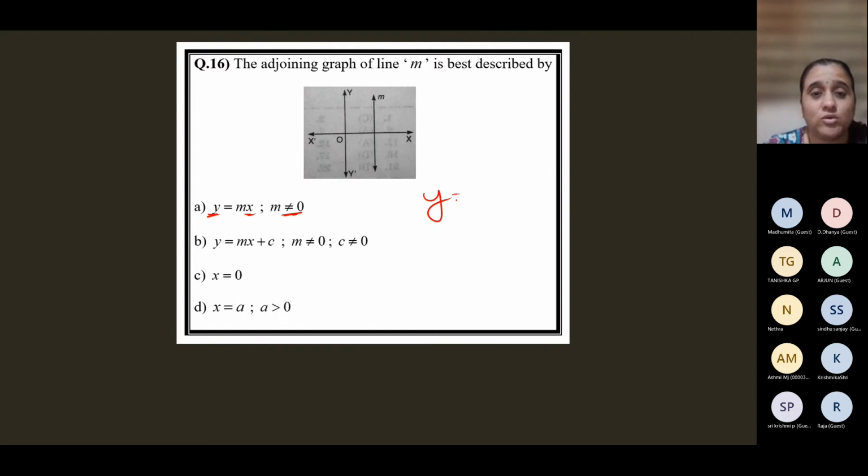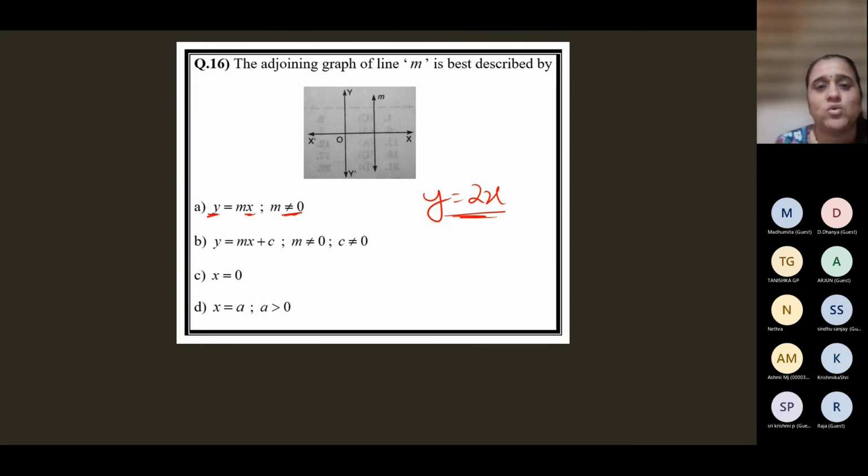So maybe y = 2x. m is not 0, right? Supposing m is 2, y = 2x. Such a line will not be parallel to the x or y axis, because there will be 0y or 0x in that case. Here it is 1y and 2x.